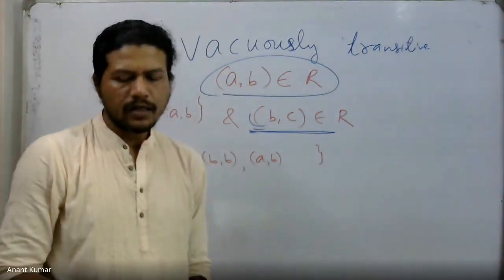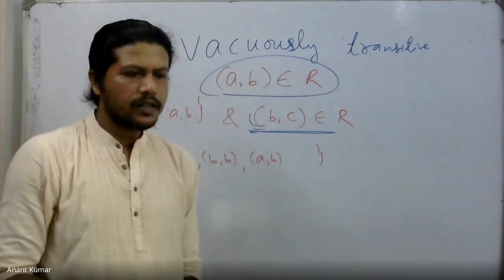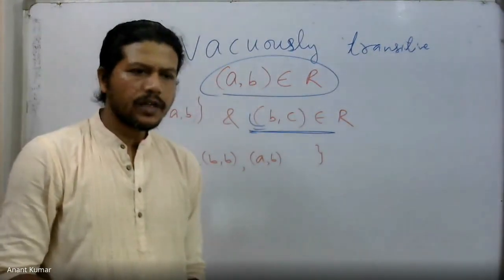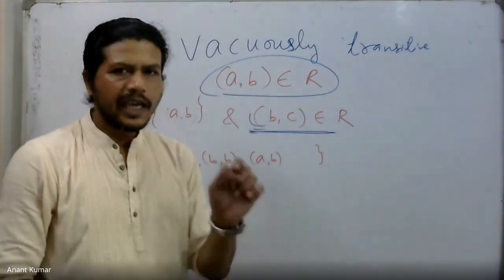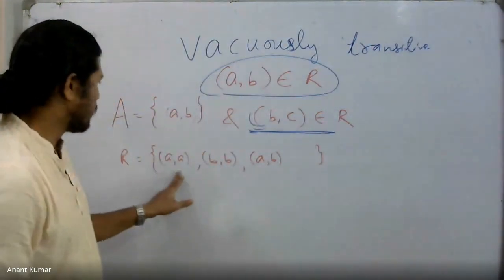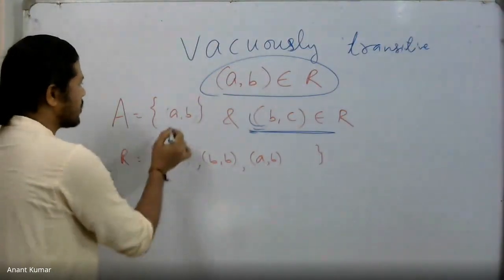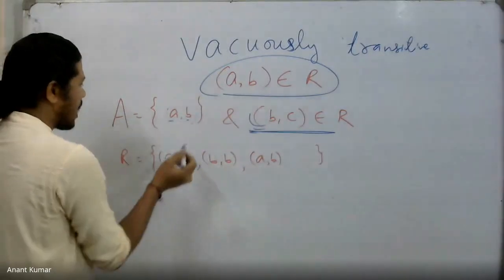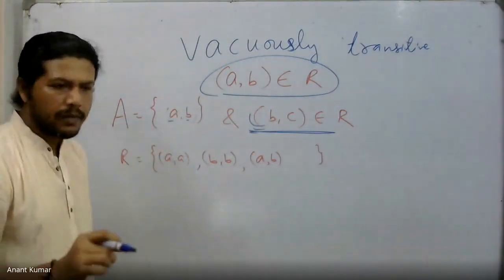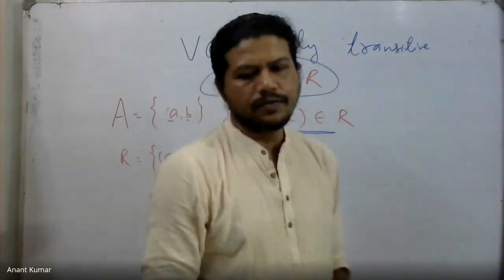What is a reflexive relation? A reflexive relation is something where, for every element in the set A, (A, A) is in the relation. It has to contain, for each element in the set, every element related to itself.